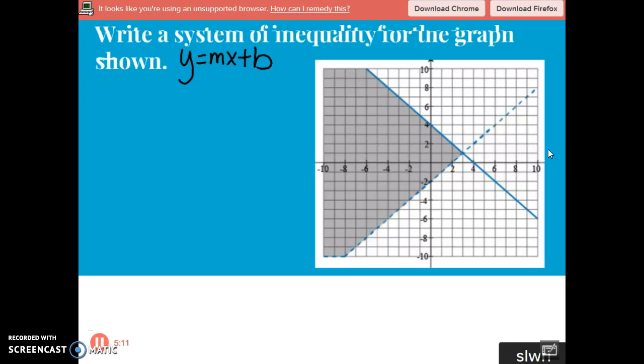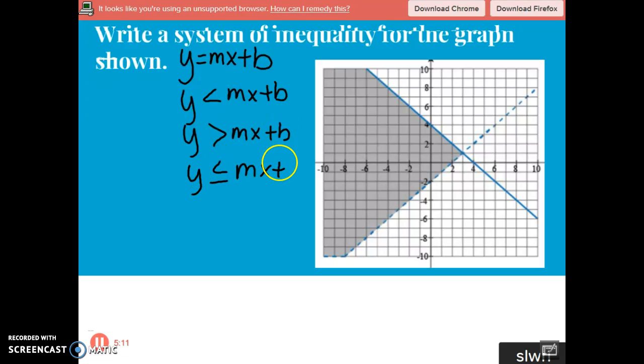In this case, there's one of four options it's going to be. y is less than mx plus b. y is greater than mx plus b. y is less than or equal to mx plus b. Or y is greater than or equal to mx plus b.